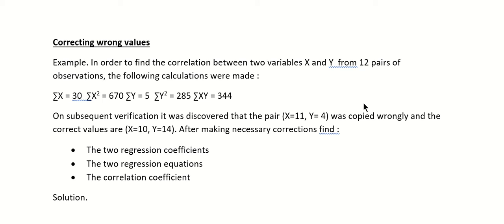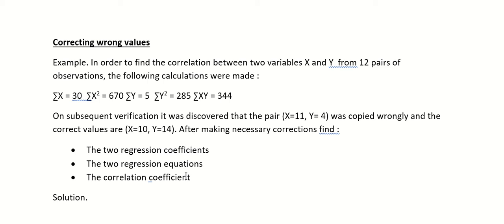Similarly, it may happen that in regression also we may have chosen wrong values. So we need to correct those values, and again find the two regression coefficients, two regression equations, and correlation coefficient.